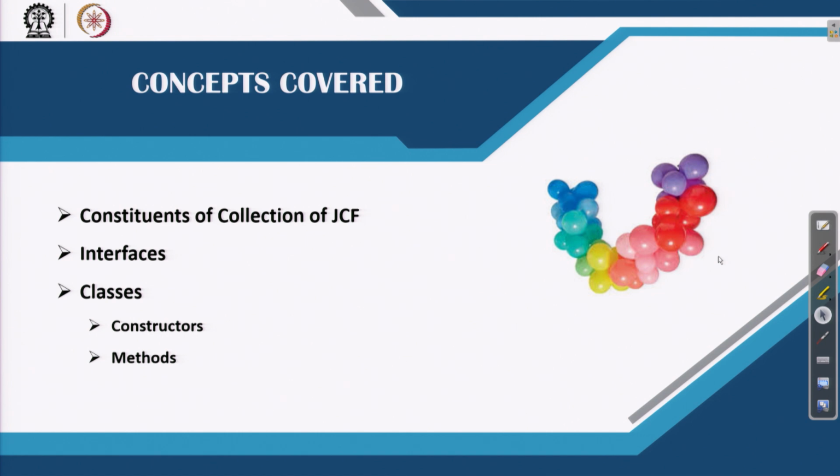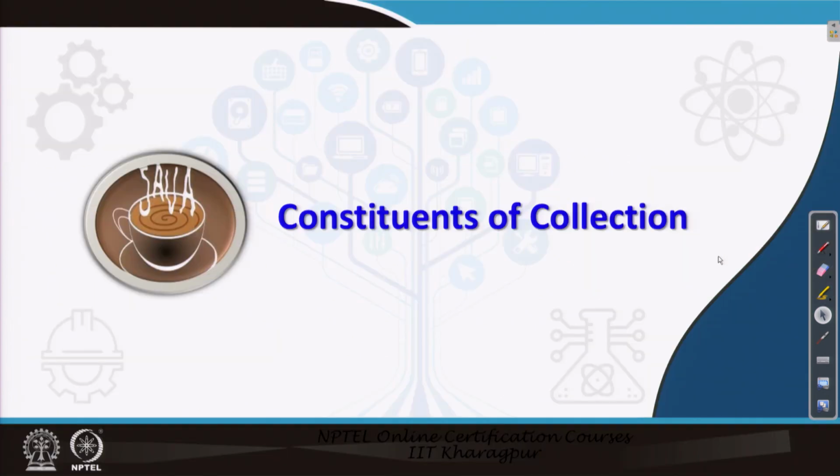So, we have to invest our time to understand these things. As you will see, there is no programming at the moment while I discuss the constituents of the collection framework. Programming and everything will be discussed when we discuss the different data structures in due time. Okay, so first let us discuss the basic composition of the collection framework.